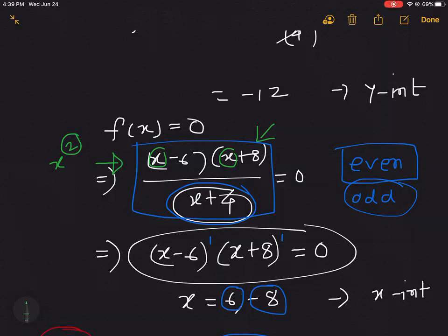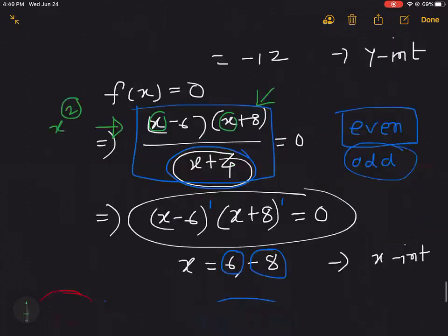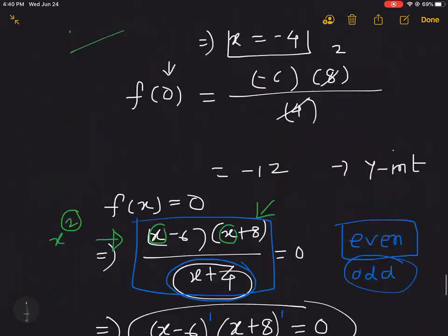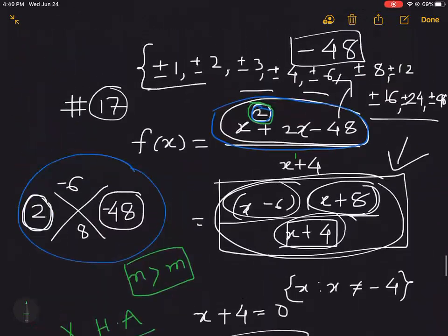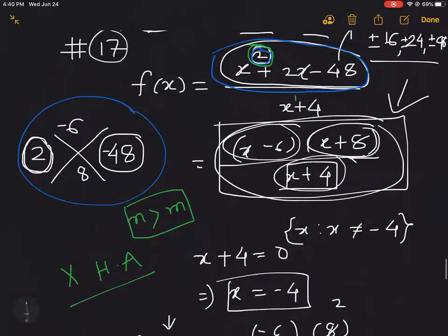Okay. Next, we need to look for the oblique asymptote if we have any. Let's see. Once again, we'll go back to our problem, which is this. You know that we'll have oblique asymptotes if and only if n is just 1 more than m, right? Yeah, very good. So on this occasion, is it true?